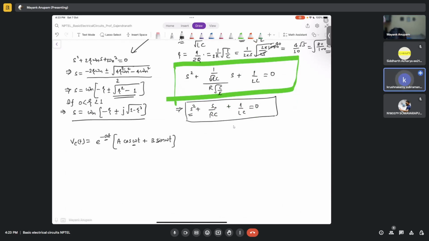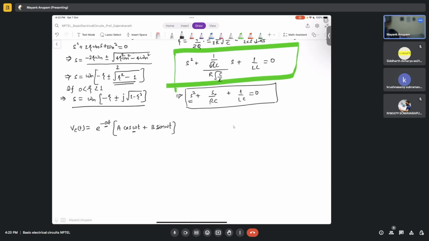A is minus zeta omega n. Very good. So a is basically the real part of this. So we have PR, which is real, equal to minus zeta omega n, and P imaginary is equal to plus minus square root of 1 minus zeta square. Since it is imaginary there will be a complex conjugate, so I will only be taking the mod of that.